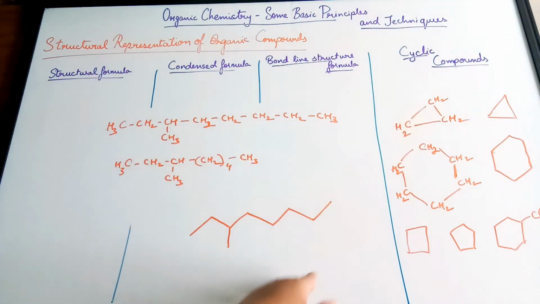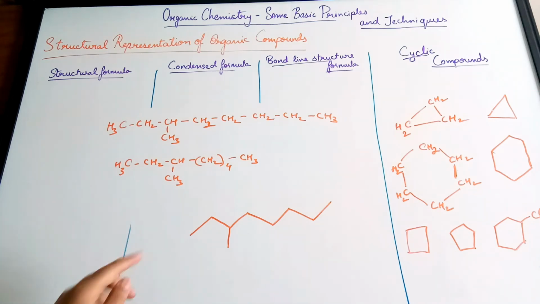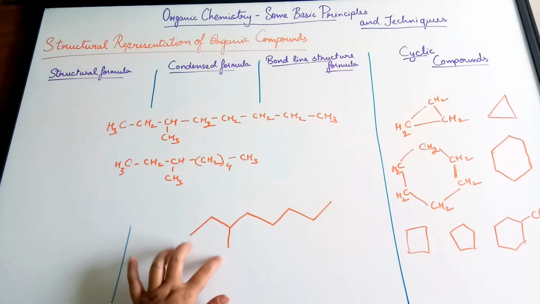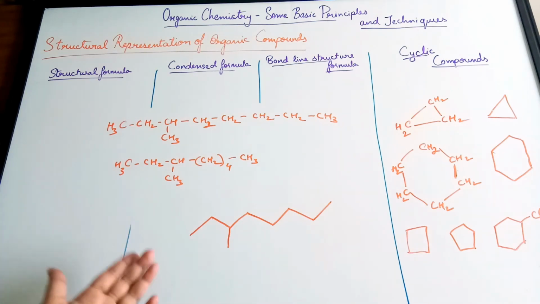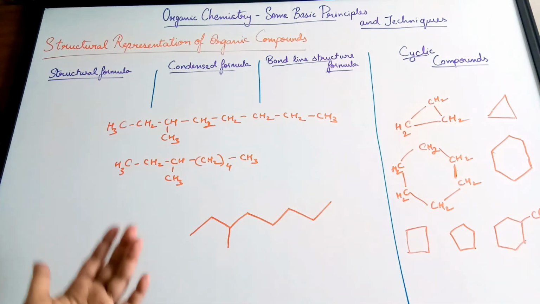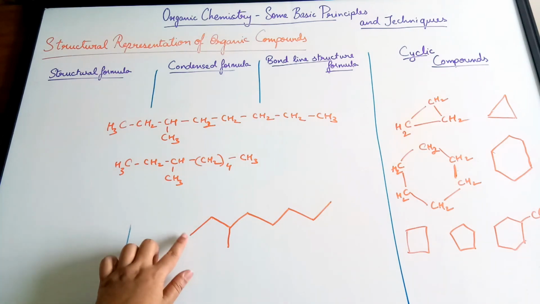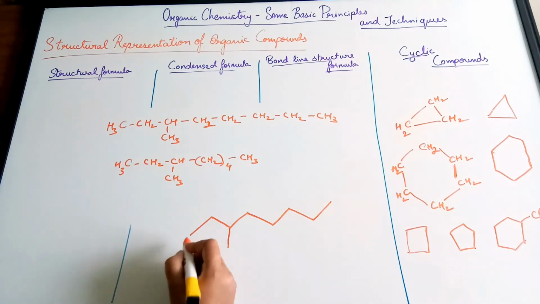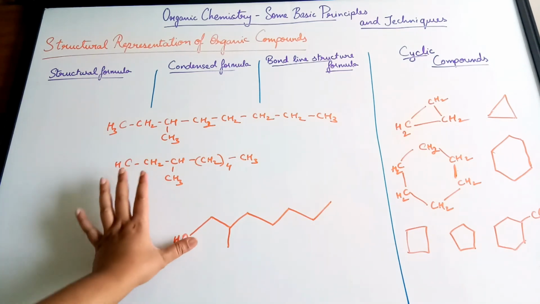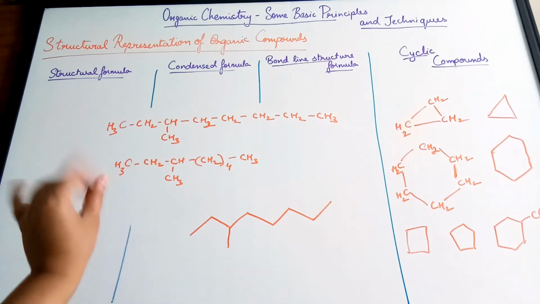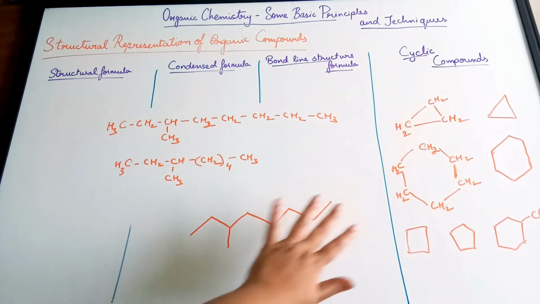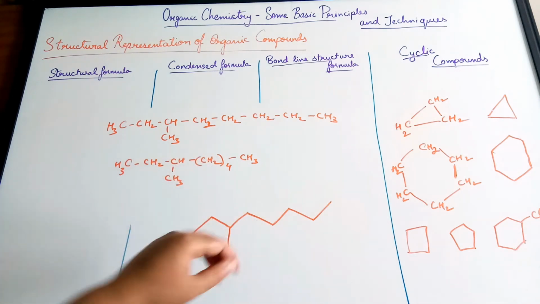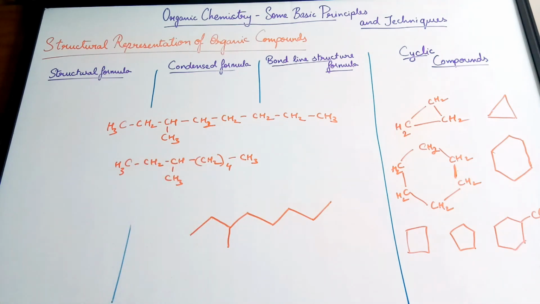And then we went to the bond line structure formula, which is even simpler, where we represent the molecule as lines. Terminal carbons are methyl groups unless written otherwise. For example, if you have an alcohol group present on one side, we would just write it as OH. Unless mentioned otherwise, these are CH3s, and the carbons at the junctions are going to have the number of hydrogens equal to the valency of 4.